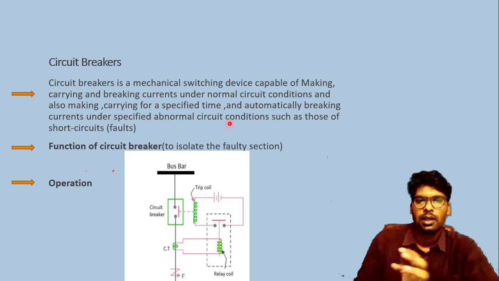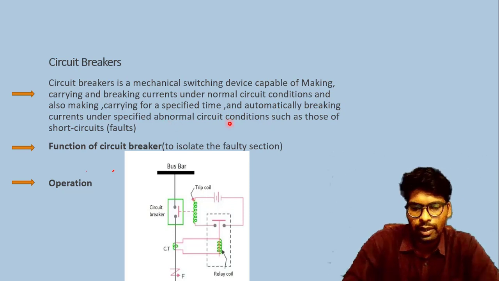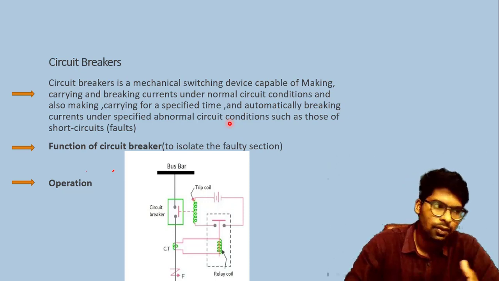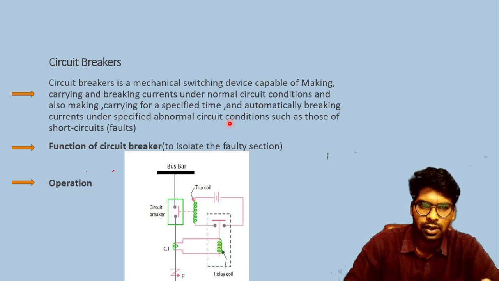For a few milliseconds or microseconds, it has the capacity to break or make the circuit currents. If a fault occurs for an abnormal period of time, it will break the circuit. If the fault is recovered, we manually switch on that breaker again. That is a different concept.